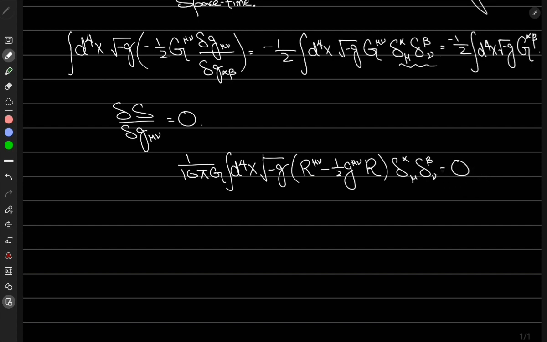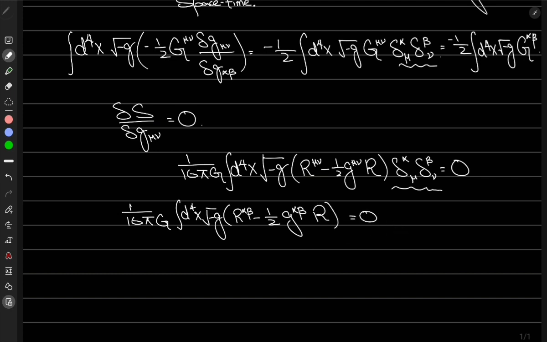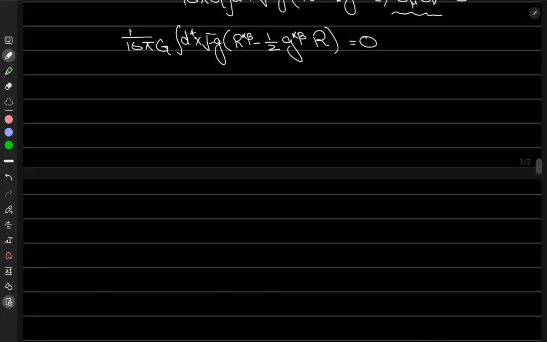All right, since these deltas are symmetric under the interchange of alpha and beta, what I can do is I can rewrite this thing as 1 over 16 pi G times the integral of d4x square root of minus g times R alpha beta minus 1 by 2 g alpha beta R, and this thing is equal to 0. Right, now what I'm going to do is I'm just going to do some simplifications, right?